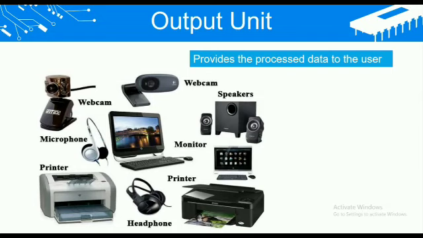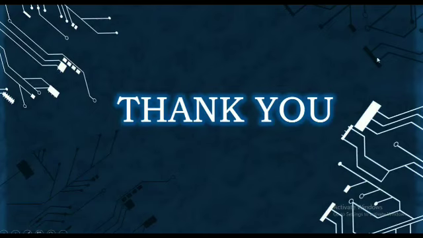So, from the computer, the output is sent to the user in user understandable form. It can be text, characters, images, music, sound, anything. So this was about the block diagram of the computer system.